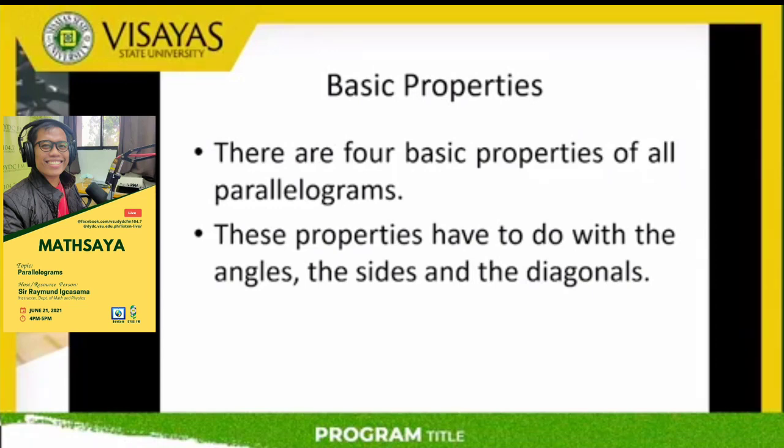These are the basic properties that you have to remember every time you encounter parallelograms, because these properties and even definitions can also be used in proving some geometric problems, especially in proving congruences. So you can use the definition or the properties.